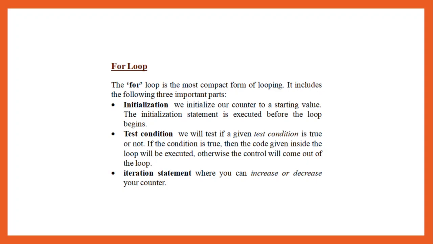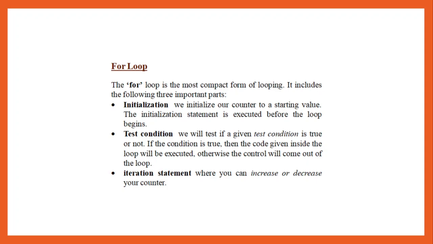The test checks whether a given test condition is true or not. If the condition is true, then the code given inside the loop will be executed. Otherwise, the control will come out of the loop. This is the test condition. Iteration statement is where you can increase or decrease your counter.